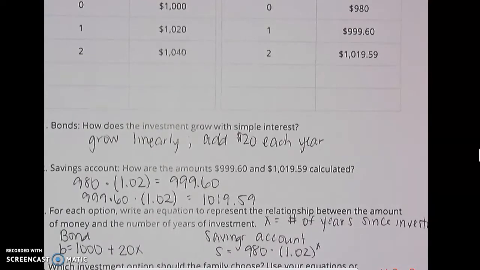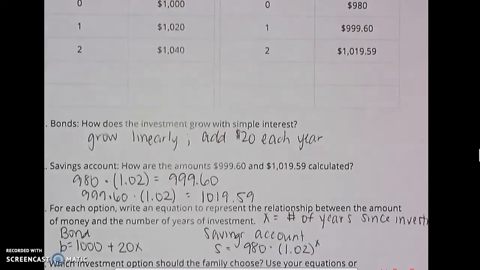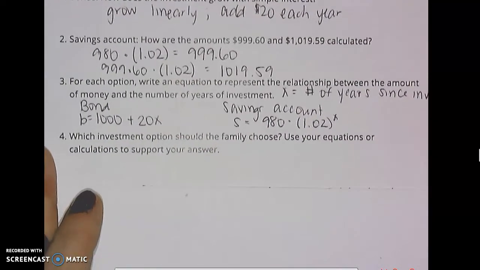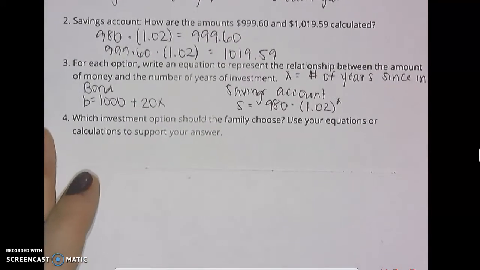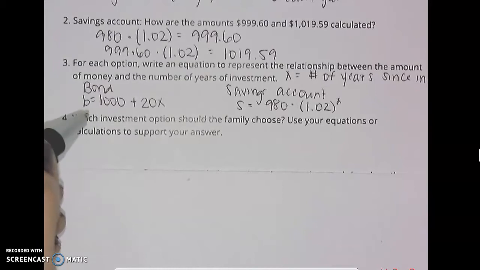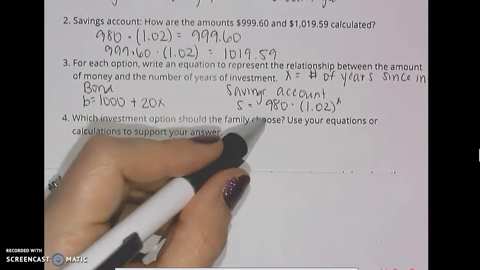Which investment option should the family choose? Use your equations or calculations to support your answer. So if you were to look at both of these and continue on your tables, or look at a graph of these two, they're going to cross roughly after 11 or so years. So which one starts higher, the bond or the savings account?